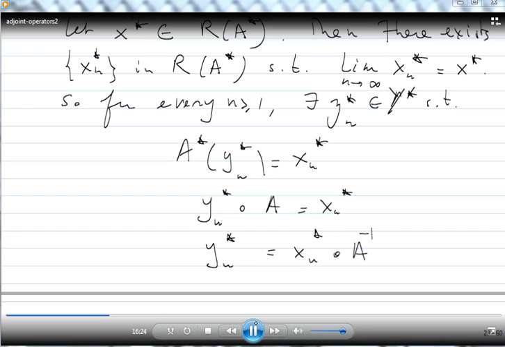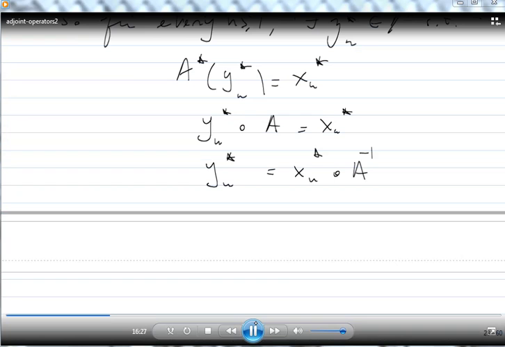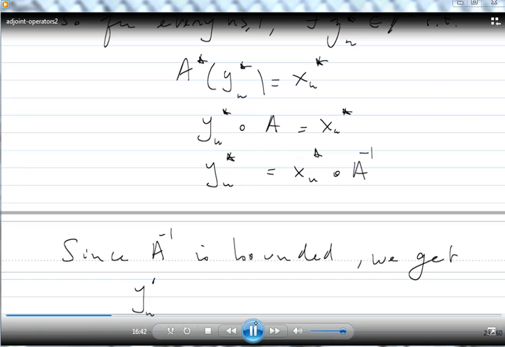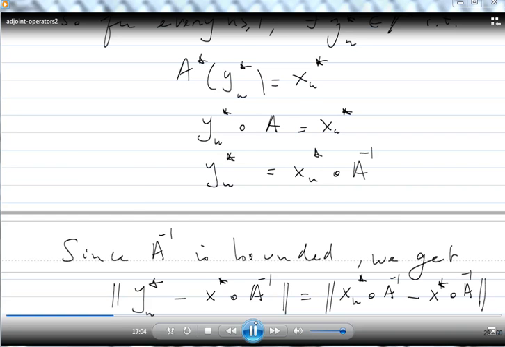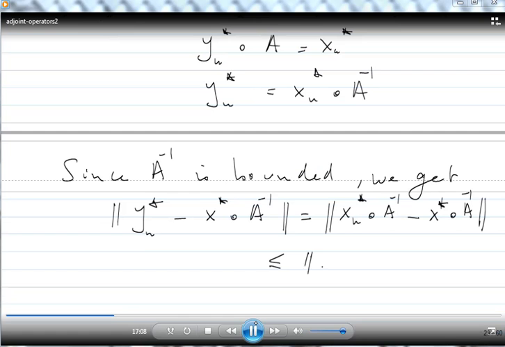Now, since A inverse is bounded, we get that yn star minus y star, which is xn star composed with A inverse minus x star composed with A inverse, is less or equal to the norm of xn star minus x star times the norm of A inverse.